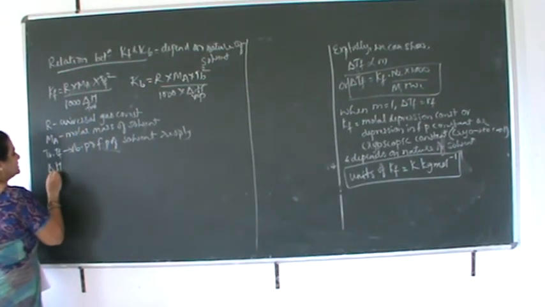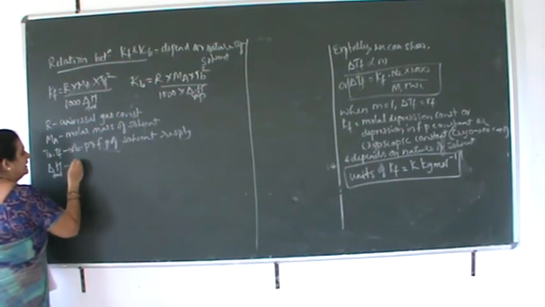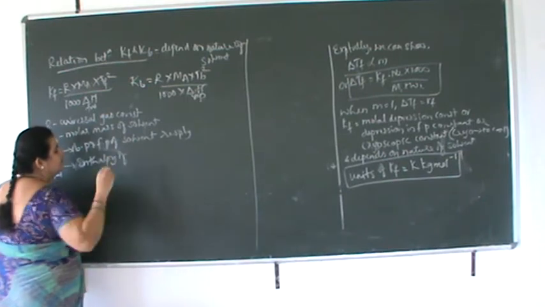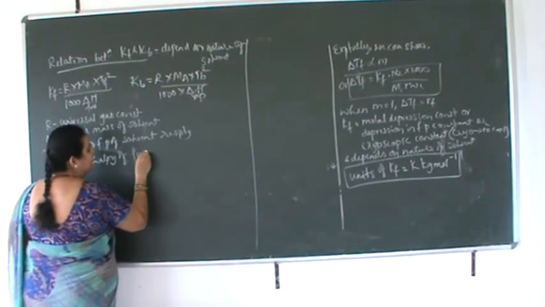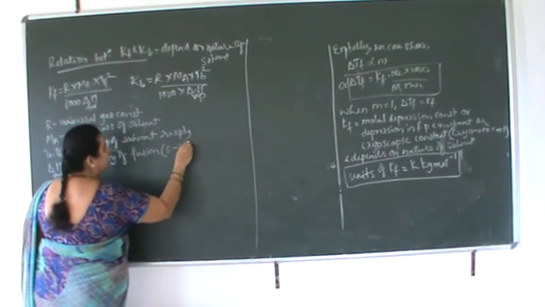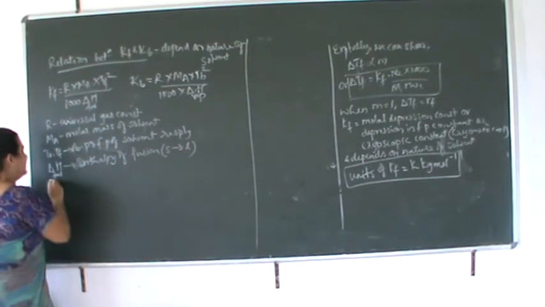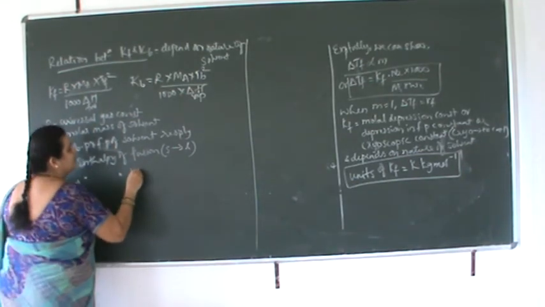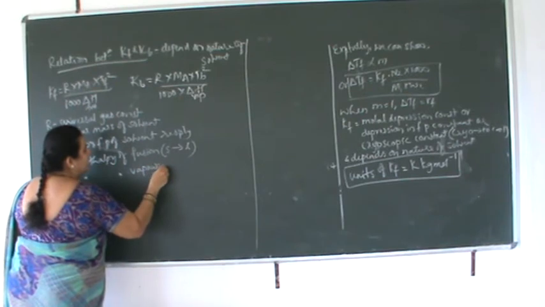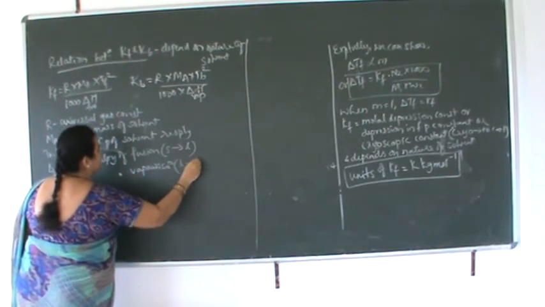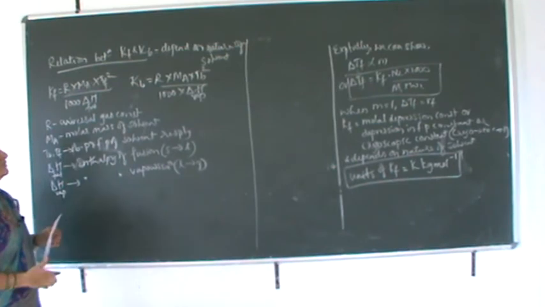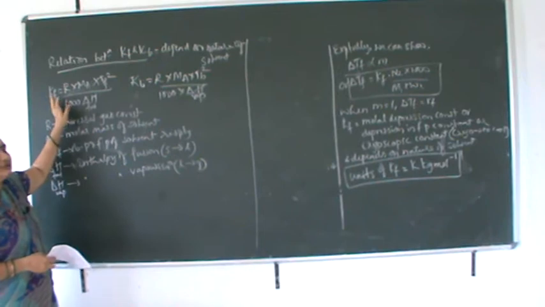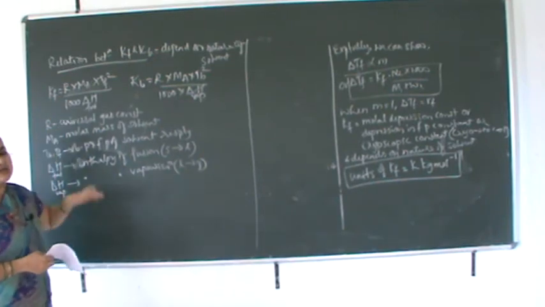Similarly, delta H fusion is the enthalpy of fusion. Fusion means from where to where? It is from solid to liquid. And delta H vaporization is the enthalpy of vaporization, which is from liquid to gas. So based on these two relations we can commonly relate the quantities Kf and Kb.